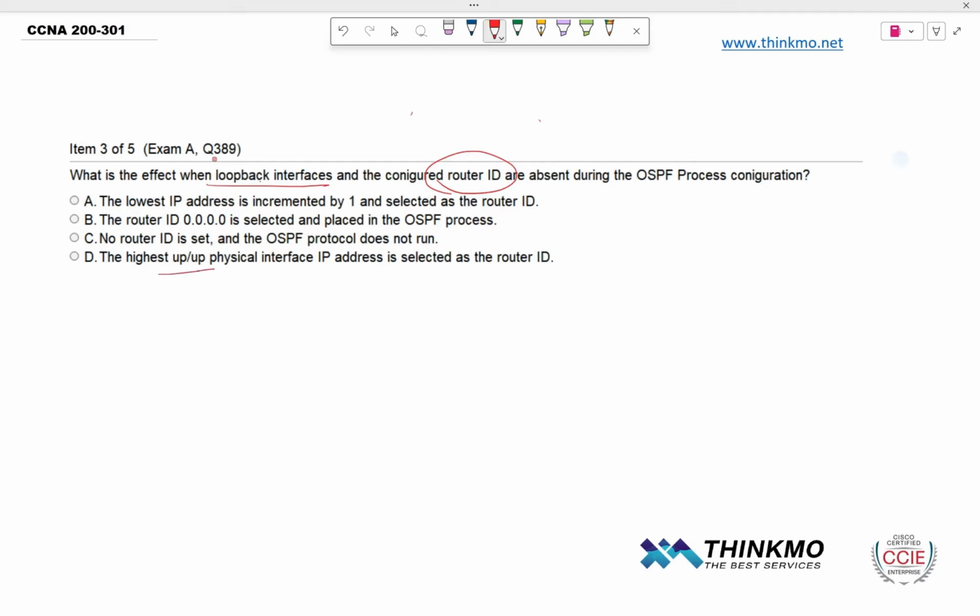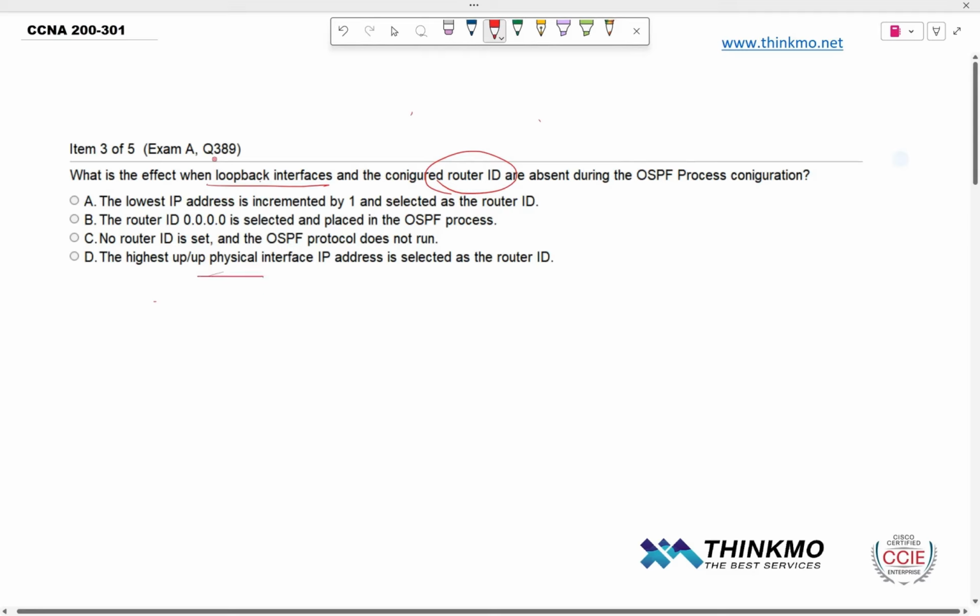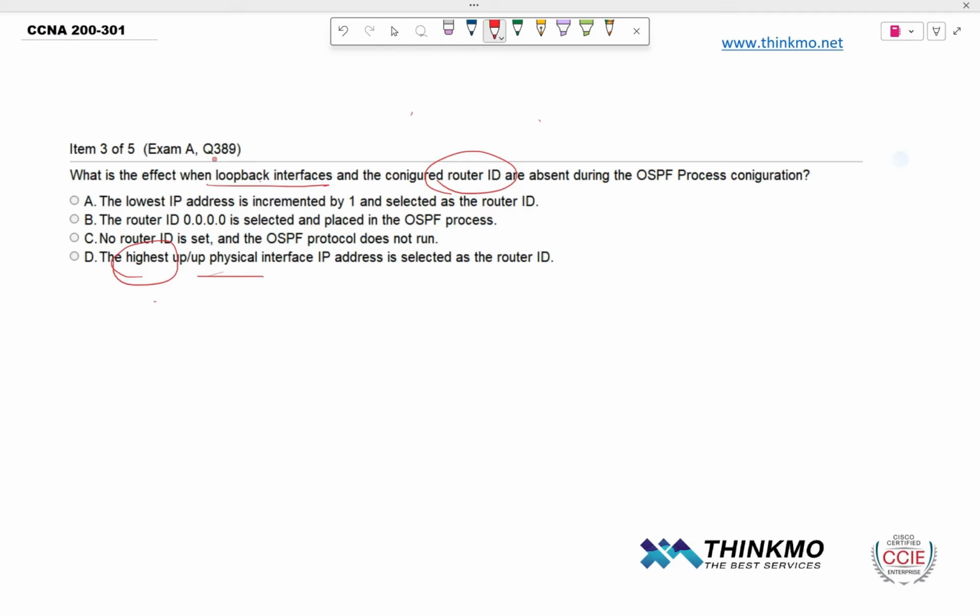The effect is that among all the interfaces that are currently in the up state, meaning they are both physically up and the protocol is also up, the IP address with the highest numerical value among those physical interface addresses will be automatically selected and used. It will become the router ID.